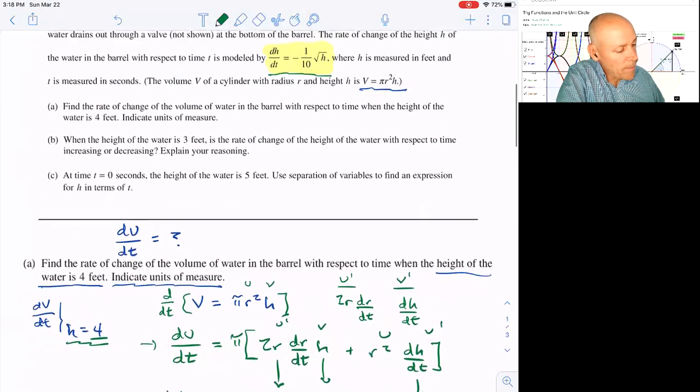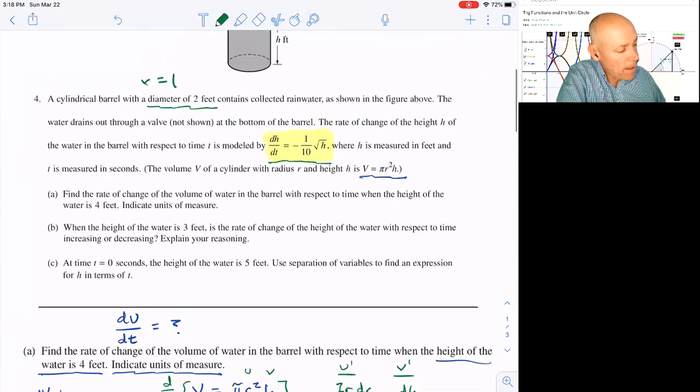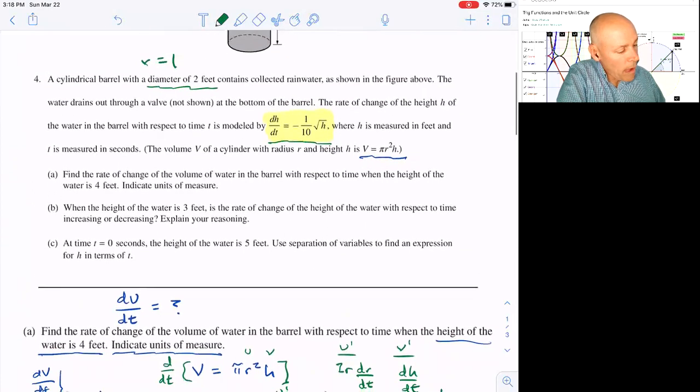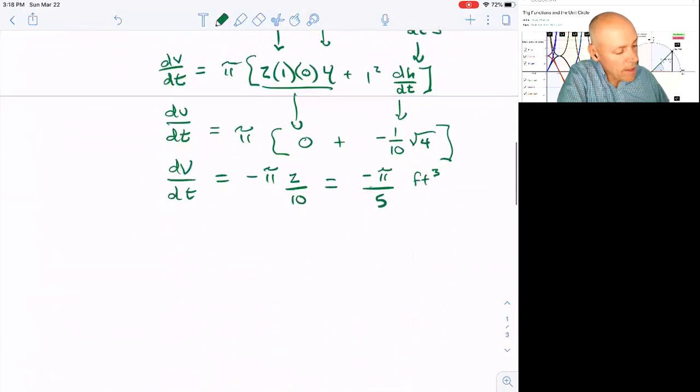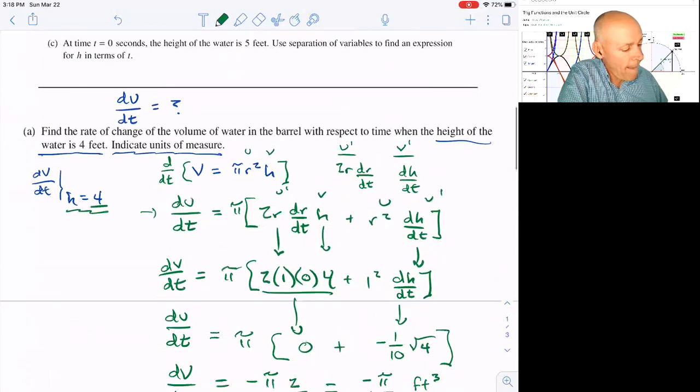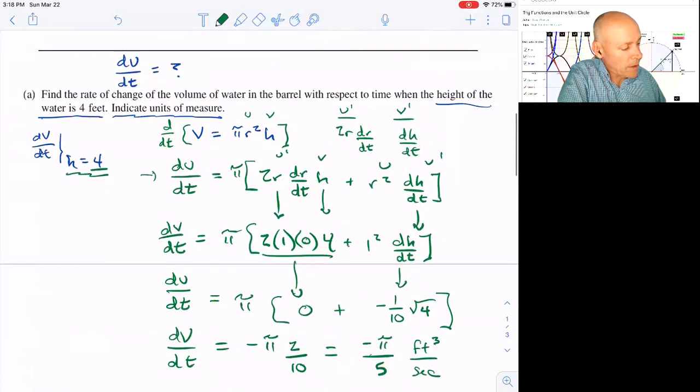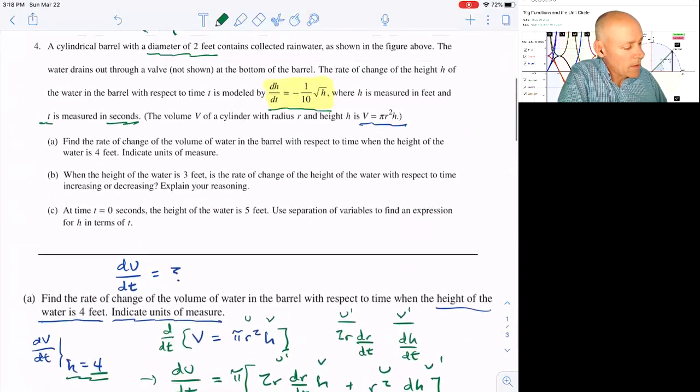And my rate of time is given, I look for t, which is measured in seconds. So that would be cubic feet per second. All right, so there's part A. And after we complete this, we'll go ahead and score this as well.